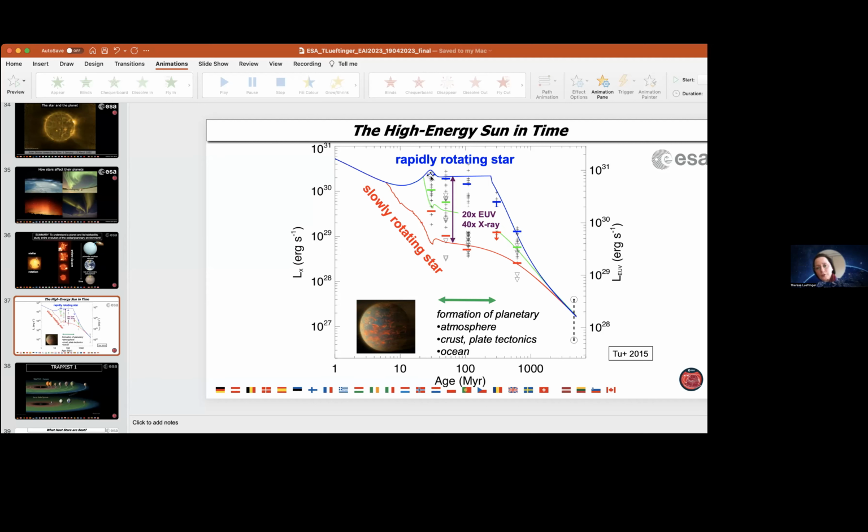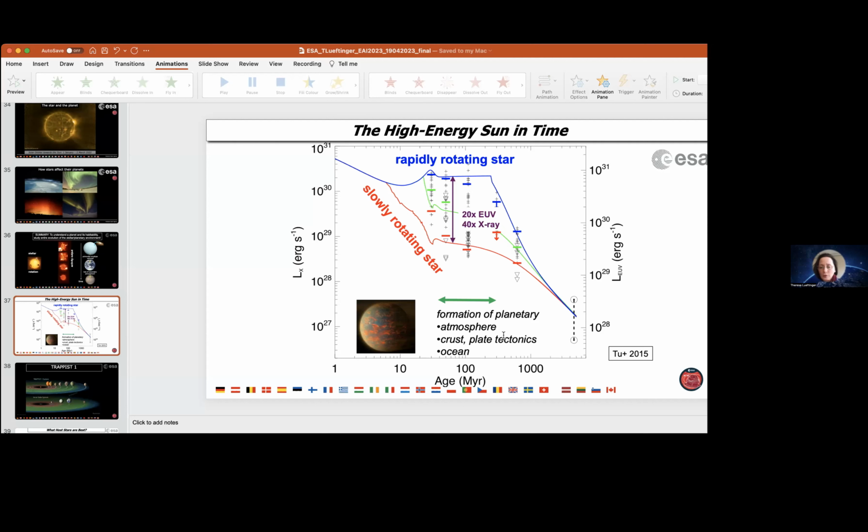So for the very rapidly rotating star, you have 20 times the extreme ultraviolet radiation output and 40 times the X-ray output. And that is really posing a very different scenario on any planet around these different types of stars.